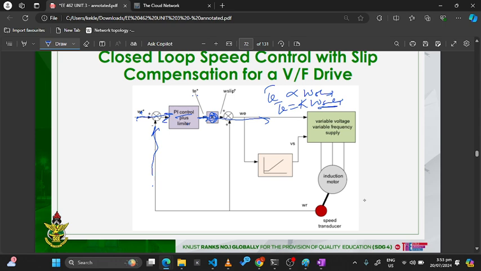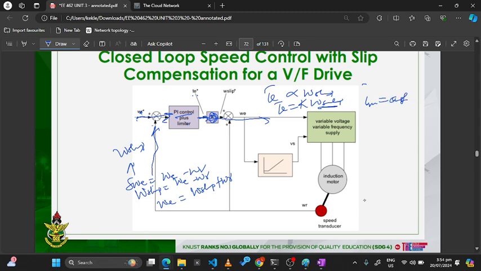Then you know omega r over here, because we know that omega slip is equal to omega E minus omega R. That means omega E should be equal to omega slip plus omega R.